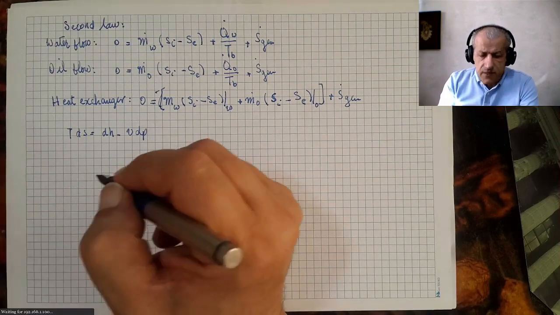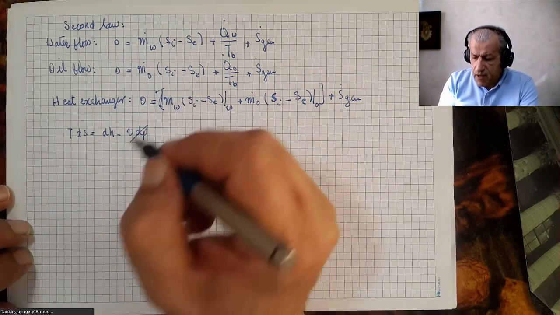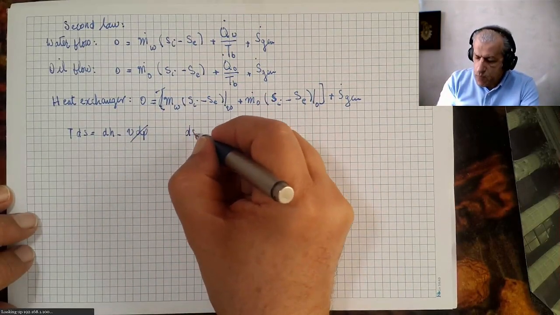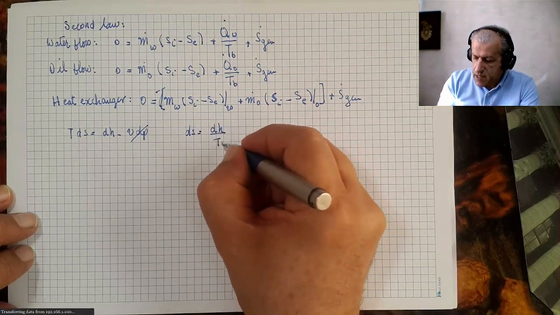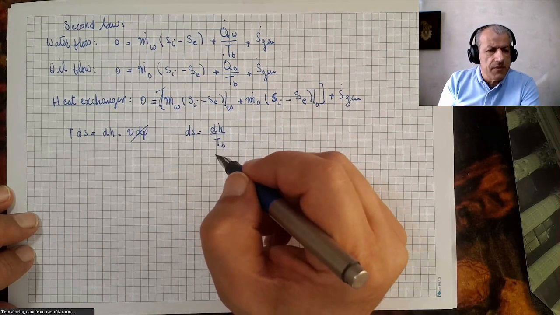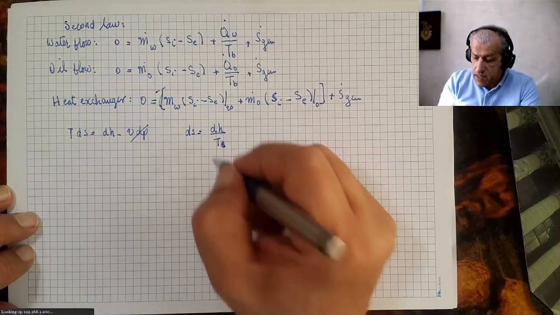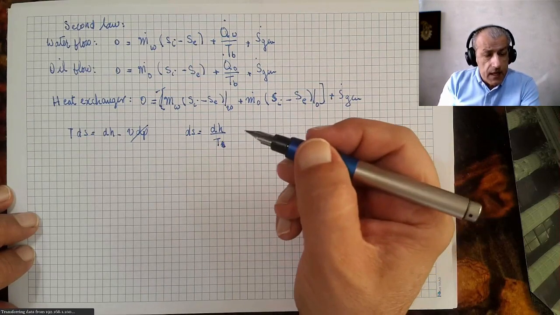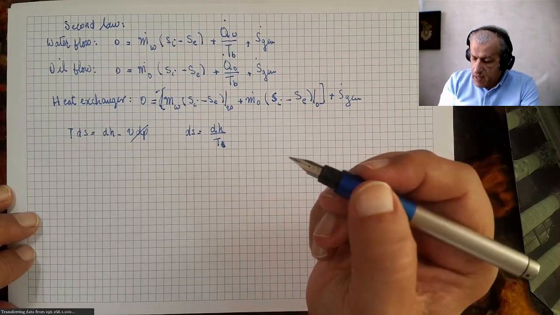The problem is constant pressure for both water side and oil side, so this term vanishes, and therefore dS would equal dH divided by the boundary temperature, the temperature of the boundary. Or at this time, before we integrate it, we have to write it T, and then we could write it as Tb once we have integrated.